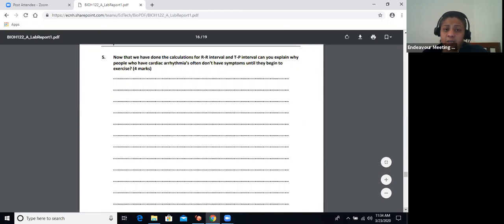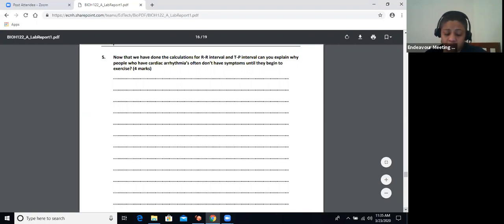Now, cardiac arrhythmia is a condition where the rhythm of the heart is not regular. Regular rhythm is called a sinus rhythm. It's basically when your heart is regularly beating, lub dub, lub dub, lub dub, at a regular interval. So you have the systolic and the diastolic sounds coming in at a regular interval, pretty evenly spread out.